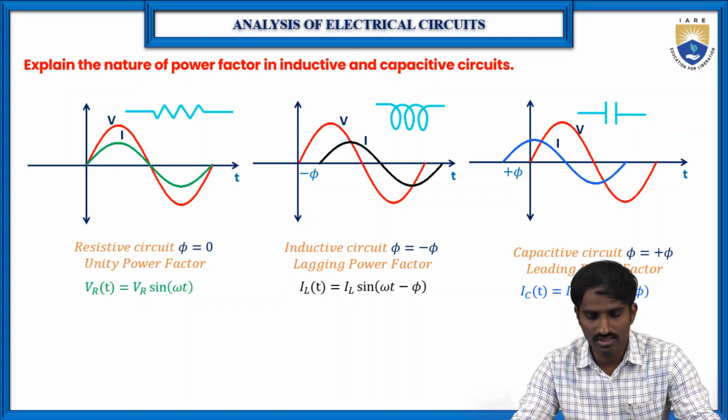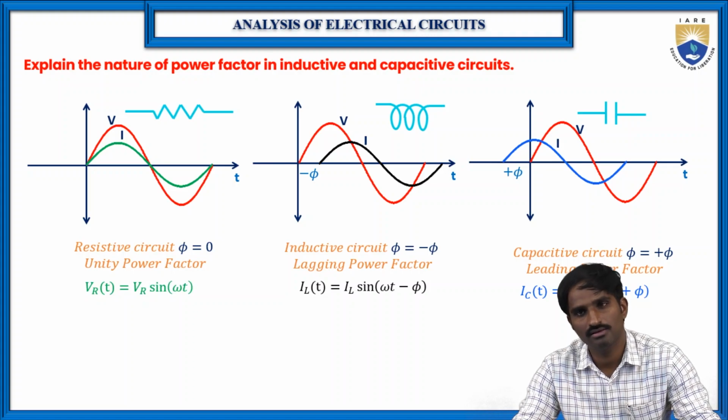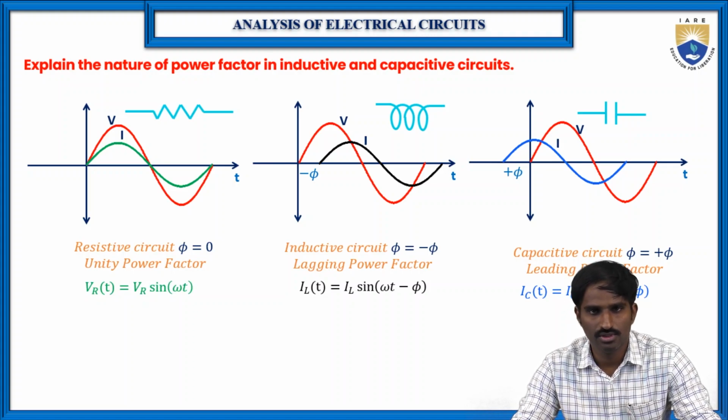So here the power factor is nothing but the cosine of the angle between the voltage and current. The cosine of the angle between the voltage and current is the power factor, right? So first of all we should know the angle. Usually we represent this as phi, or sometimes theta also. In other words, we can call it the phase difference between the voltage and current.